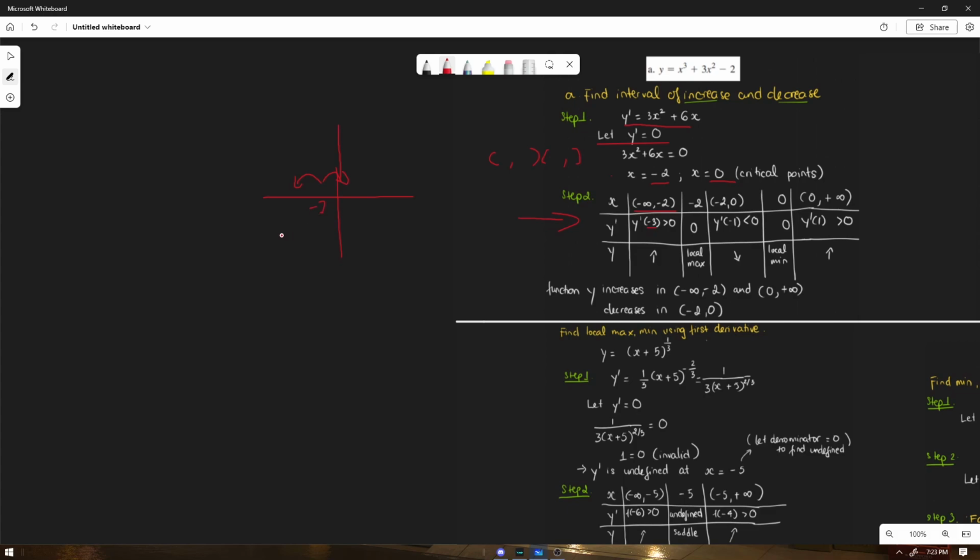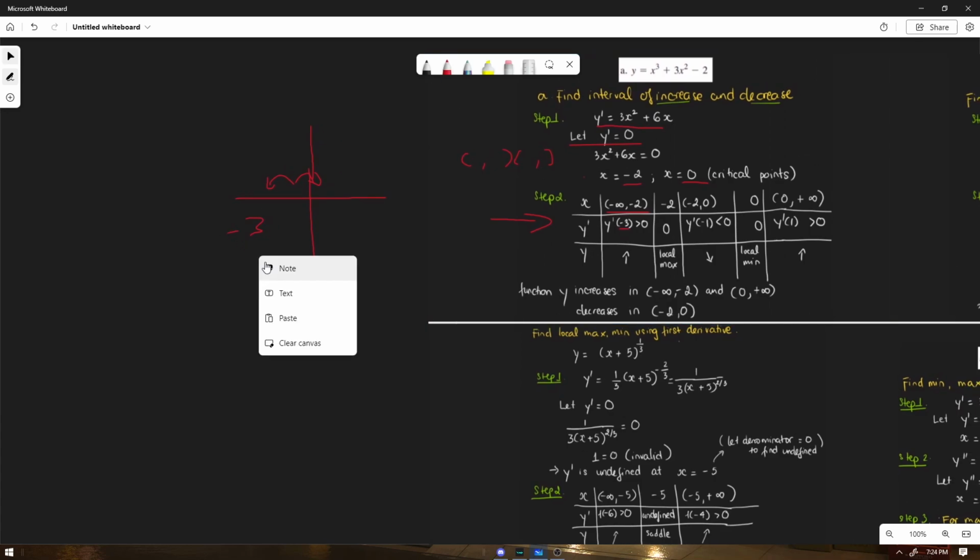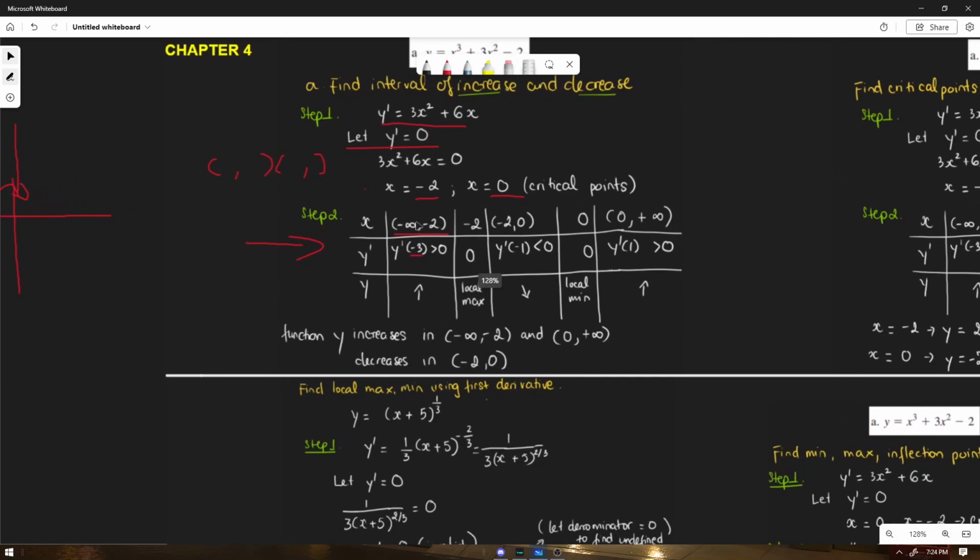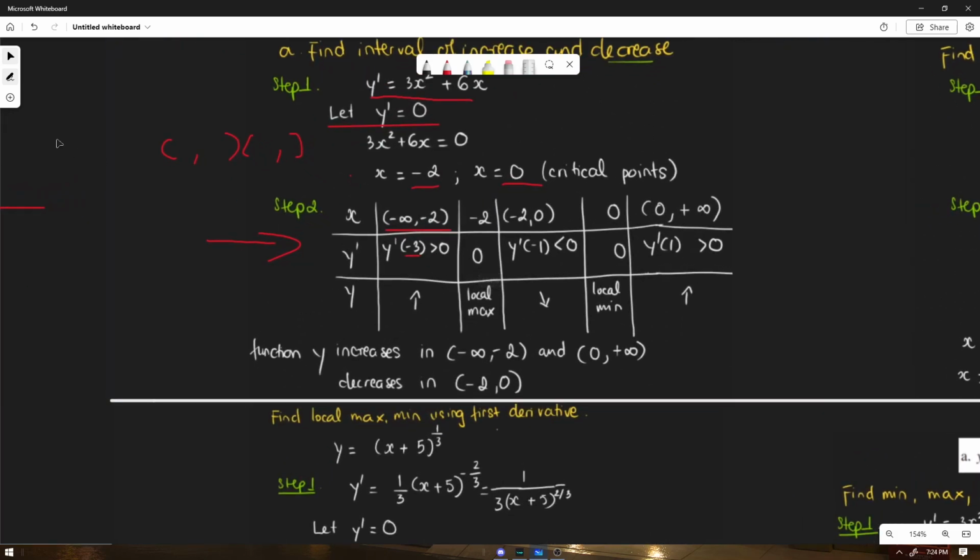You can do -2.5 as well, but we like to use whole numbers as it's easier. So you can do -3, which is smaller than -2.